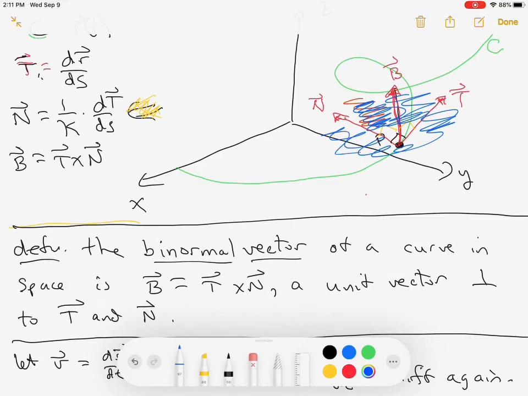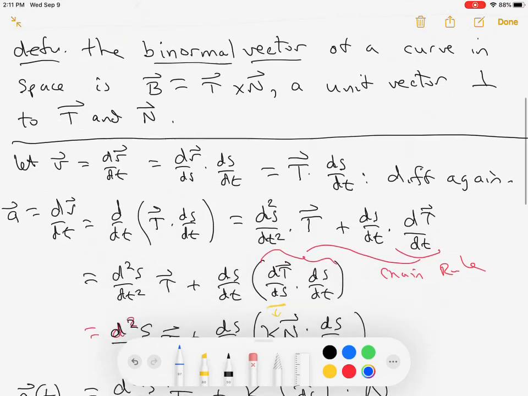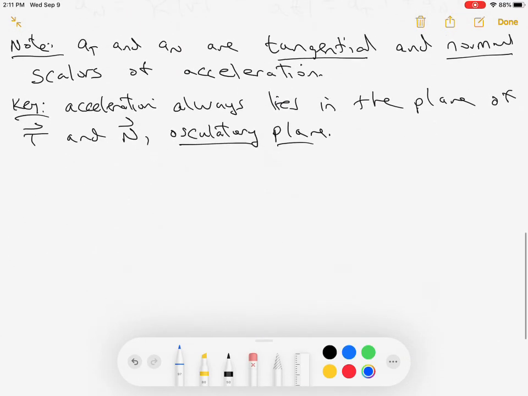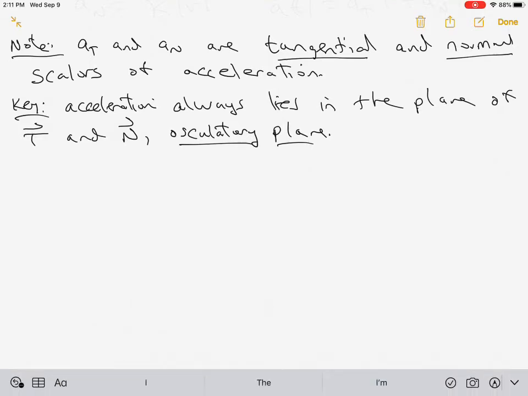So it's the plane through T and N. So all acceleration happens sideways. And if you've ever seen a plane fly, it'll do that. When you accelerate, it sort of goes sideways. It doesn't go up.